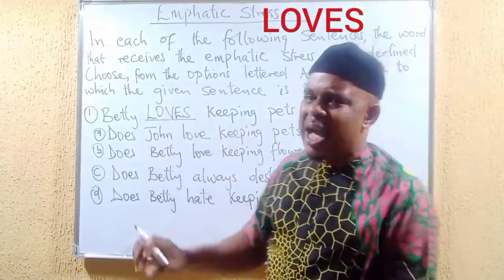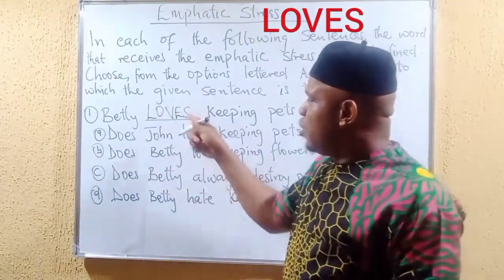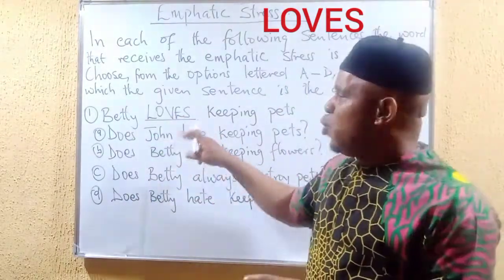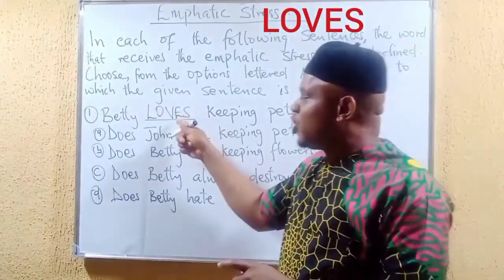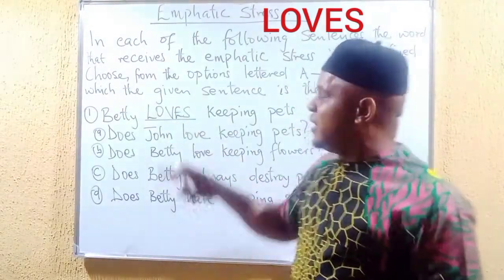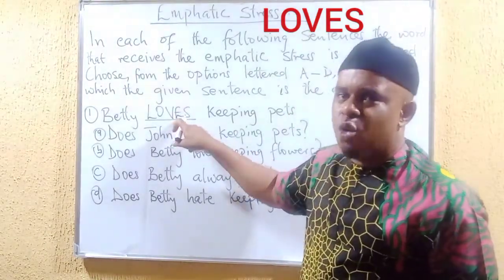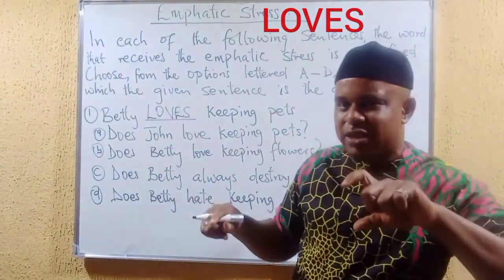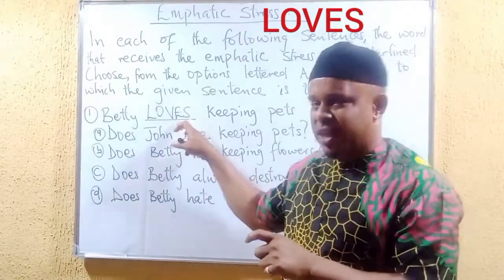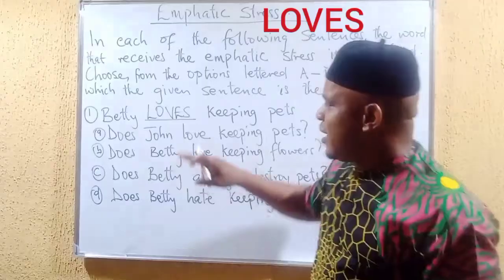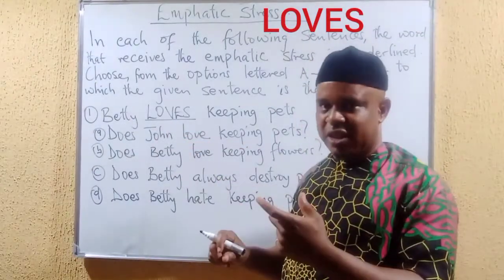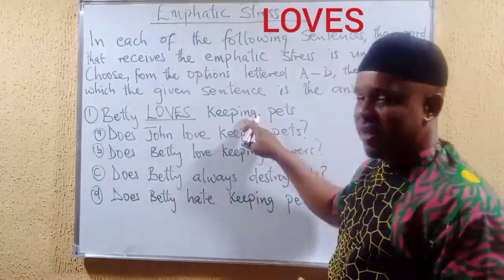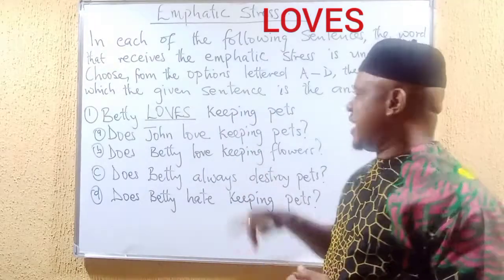So our answer should be centered on looking for an expression which emphasizes the contrast of this particular expression. We should be looking for the contrast, that is the opposite of this, possibly. The Betty here exists as a name. Keeping is also a word, part of the sentence.